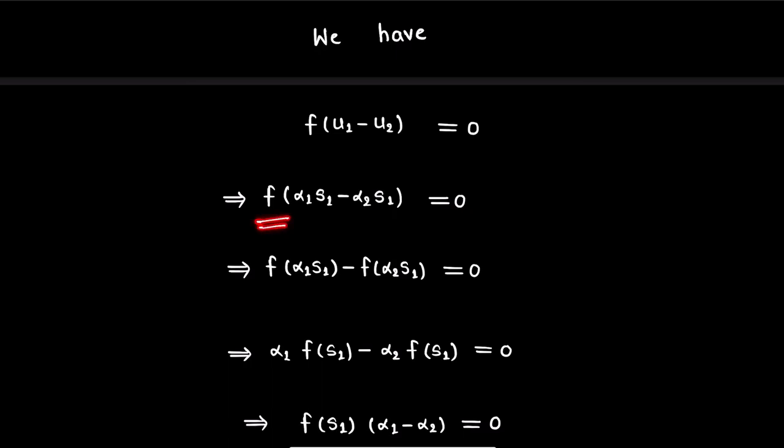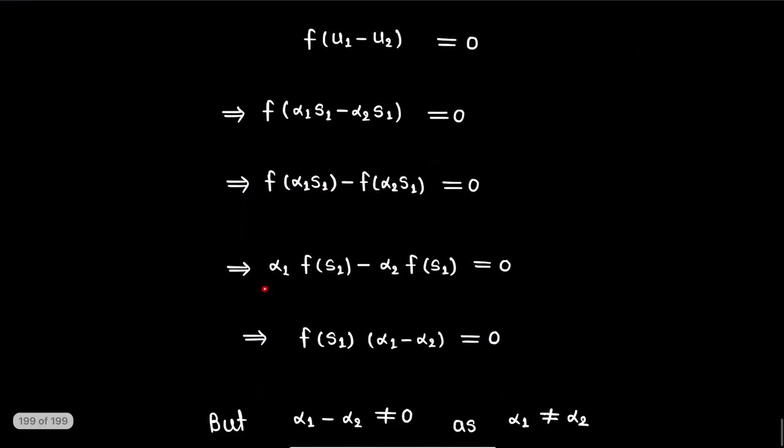Again, as f is a homomorphism, this can be written as f of alpha 1 S1 minus f of alpha 2 S1 is equal to 0, which can be written as alpha 1 f of S1 minus alpha 2 f of S1 is equal to 0.